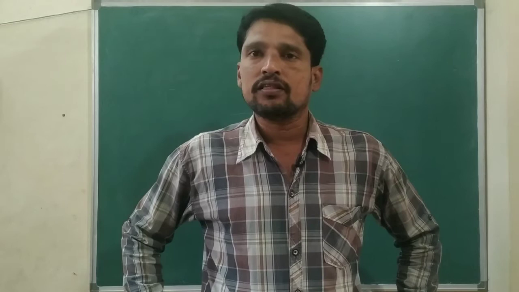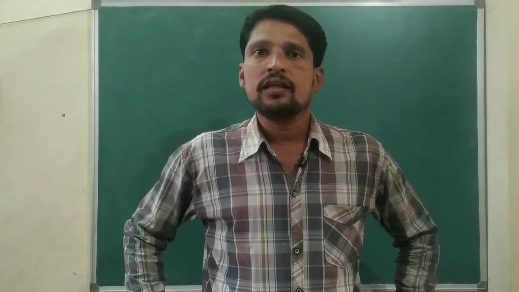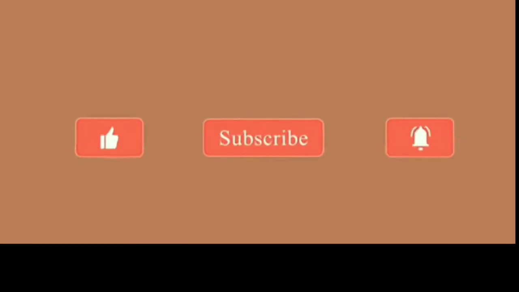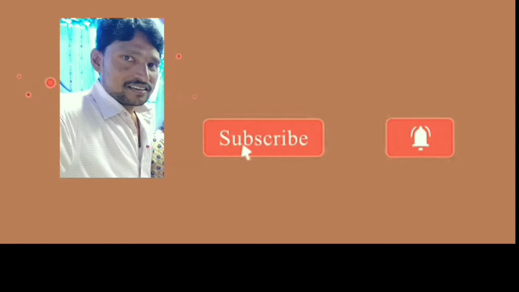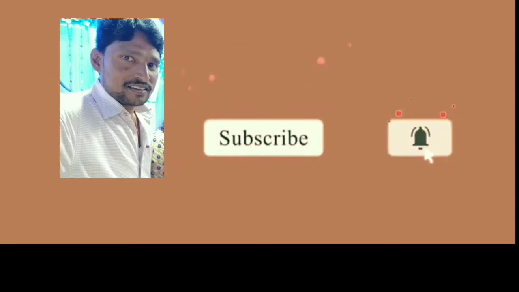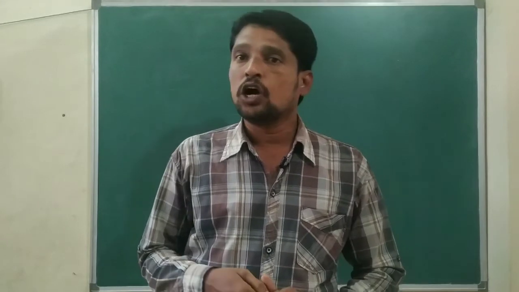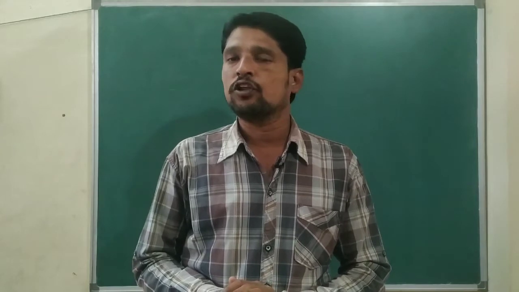Today we are going to discuss real numbers, class 10, exercise 1.5, problem number 5. In the previous video, we have seen how to expand the logarithms using x and y values.